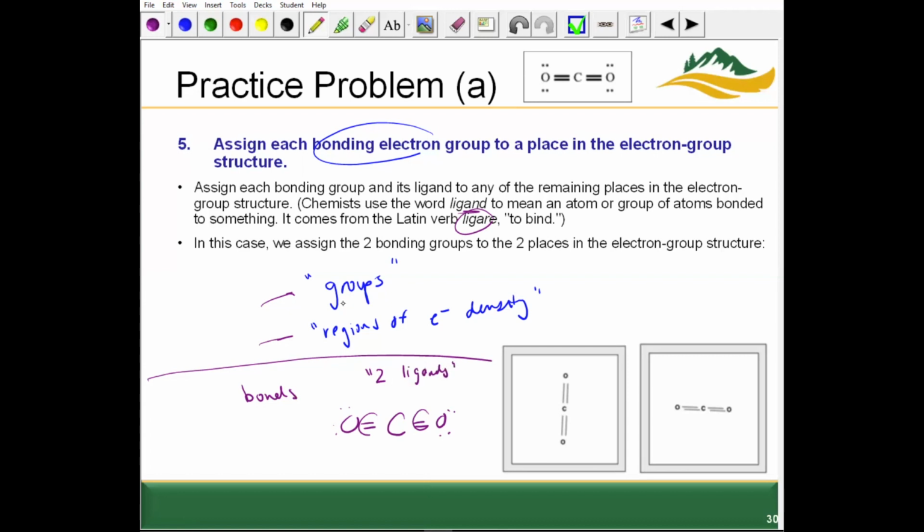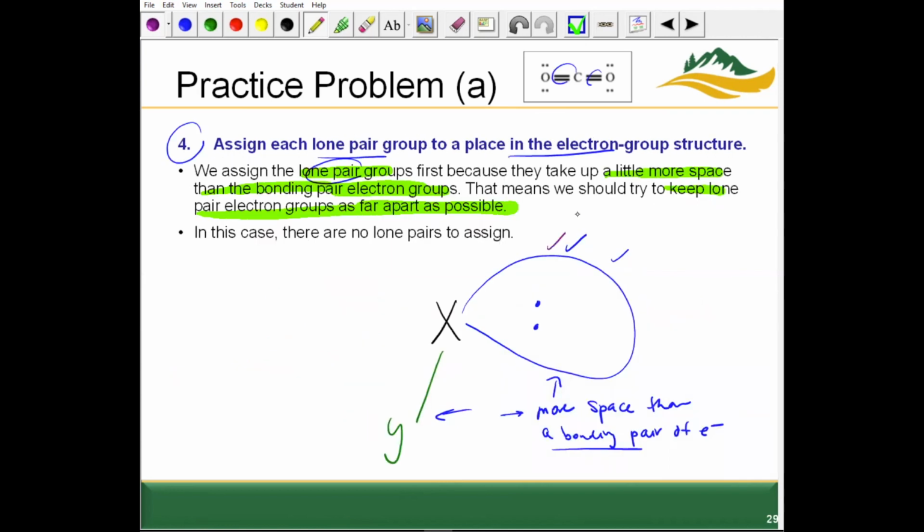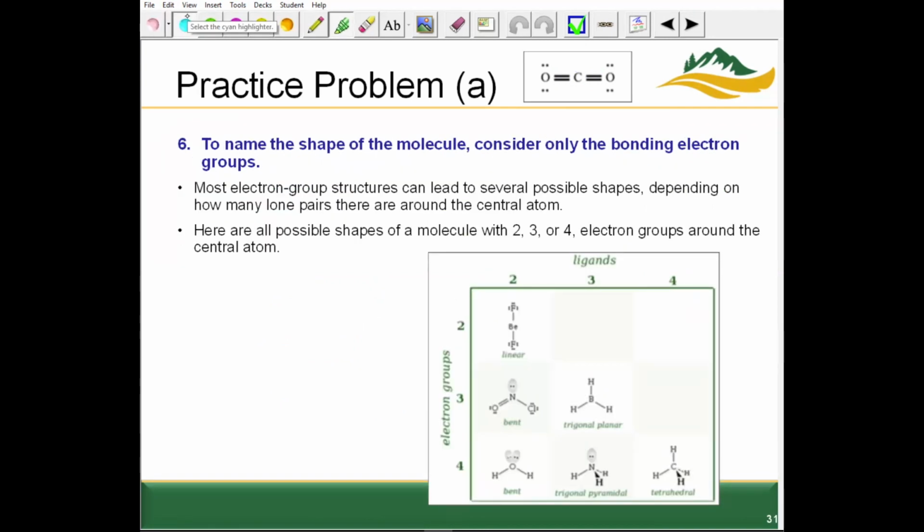But here we'll stick with talking about groups and regions of electron density, and then bonds or lone pairs of electrons, where the lone pairs of electrons are our non-bonding electrons. So lone pairs would be considered non-bonding. They're not bonding X to some other atom. They're just a lone pair of electrons off that central atom. We know carbon dioxide, we've identified that two groups are bonded to that central atom.